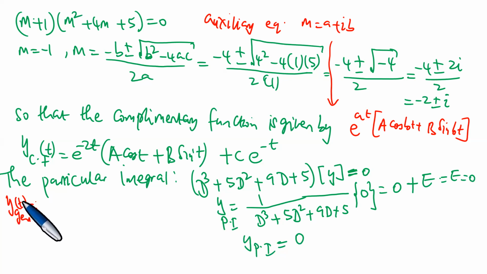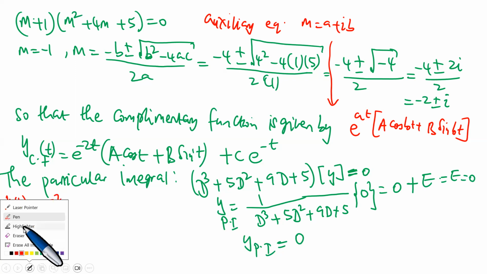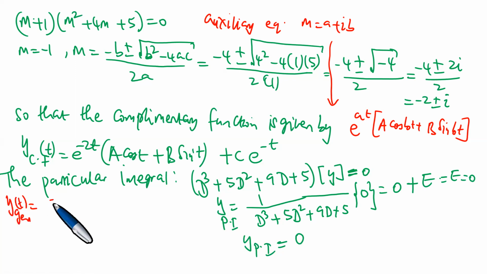Which means that y general solution therefore is the sum of the two. It is y complementary function plus particular integral, each of which is a function of t.